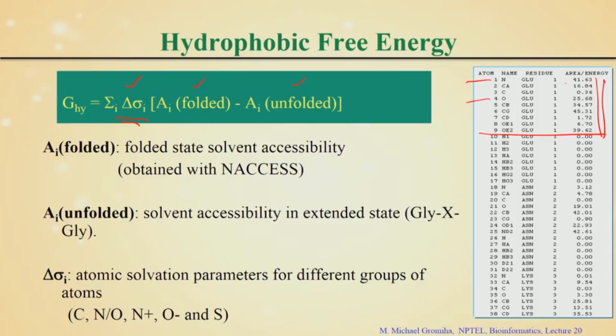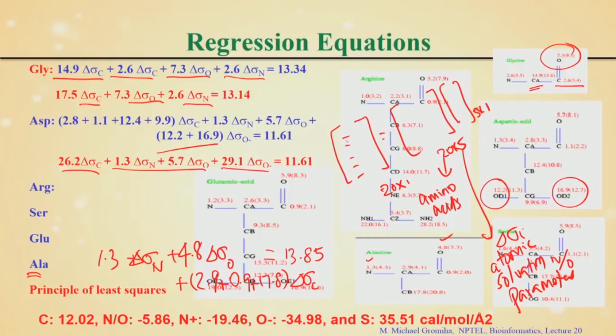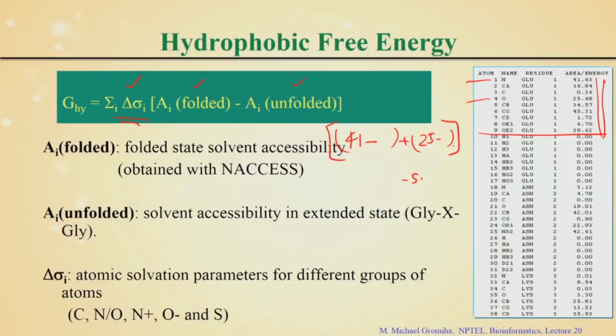In this case 41 minus the unfolded set value, which we get from this figure, and then again for the O 25 minus the value you can see from this one, multiplied by the value for N and O, minus 5.86, then plus go with all the carbons.